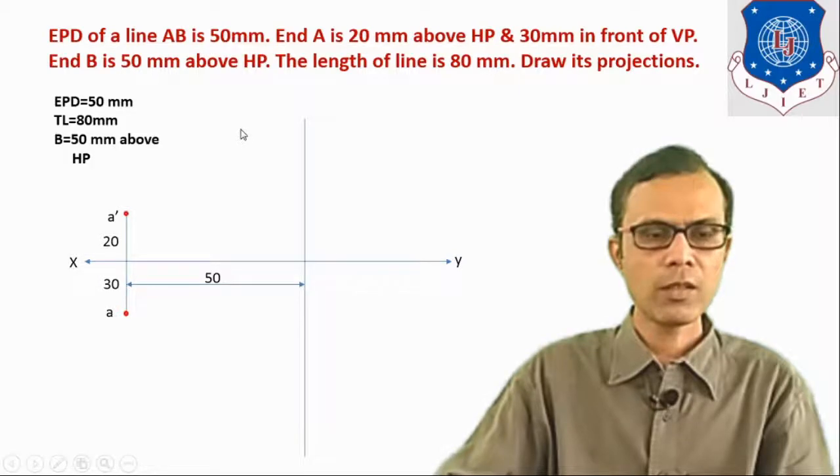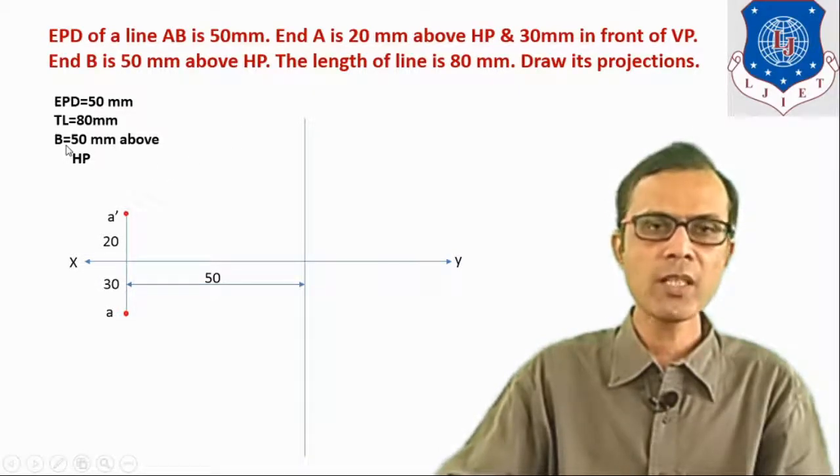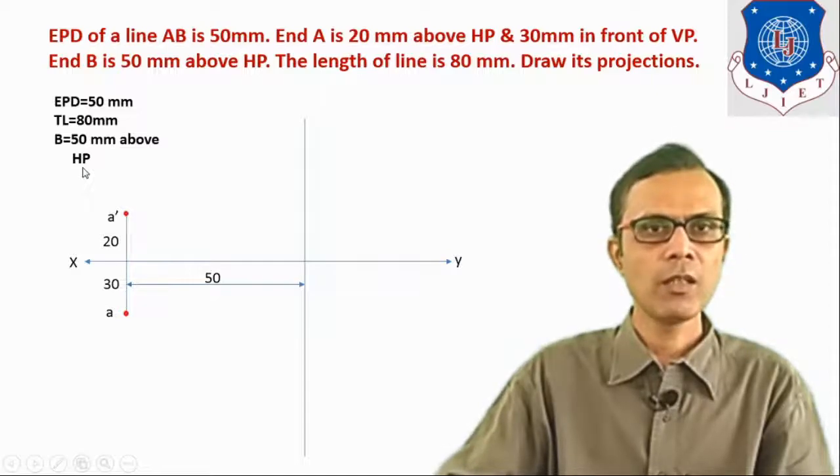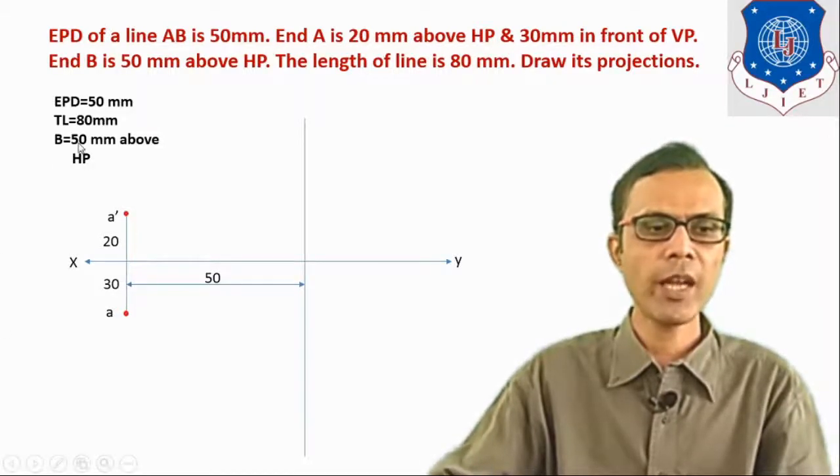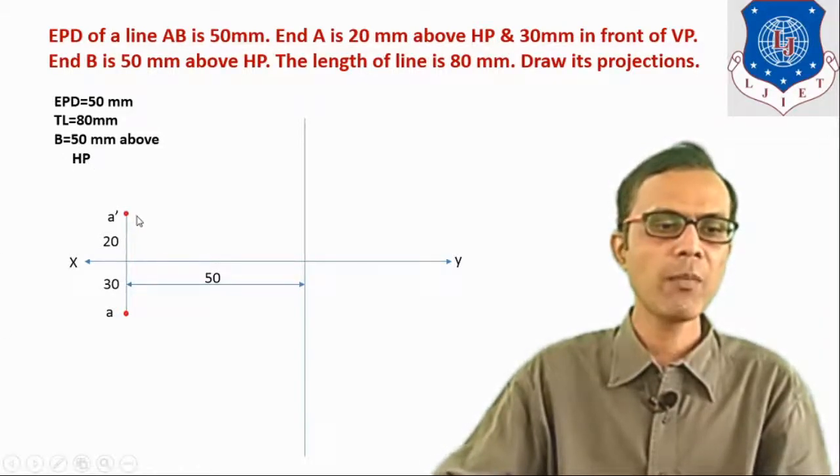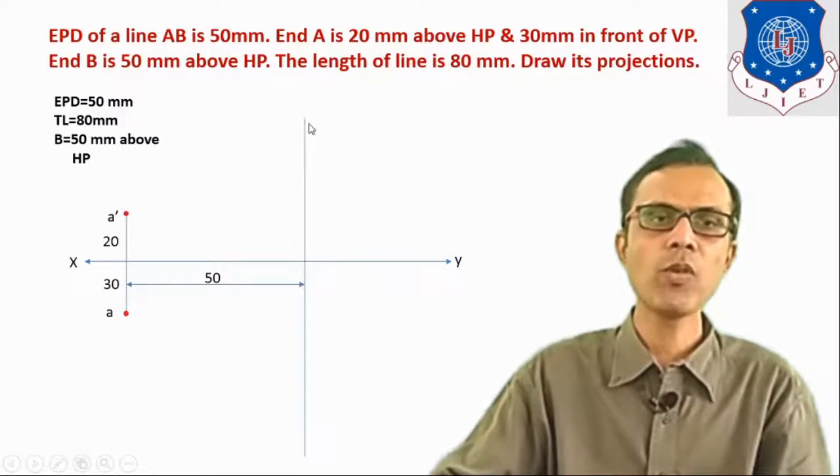Now, the next data given is that point B is 50 mm above HP. The end B, or point B, is 50 mm above HP. The above-HP distance we have to take above the XY line.